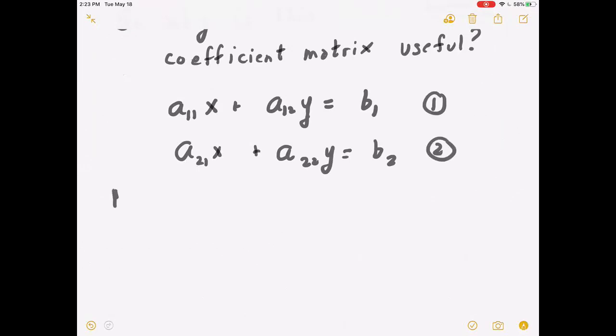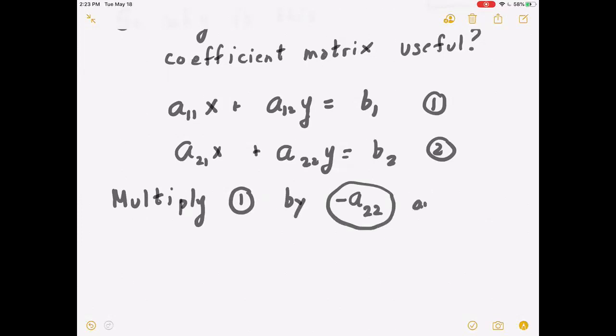So we're going to use the same procedure. It's just that we have to recognize what's going on in this particular case. Let's say we multiply equation 1 by minus a sub 2, 2, that matrix element. And then let's say we multiply equation 2 by the matrix element a sub 1, 2.